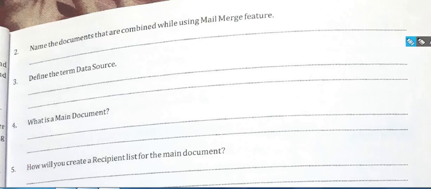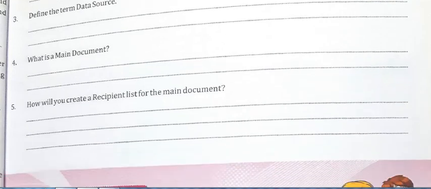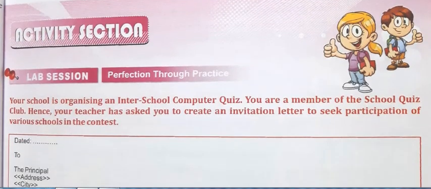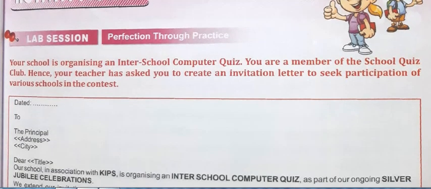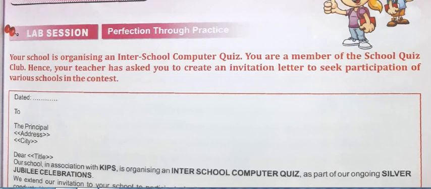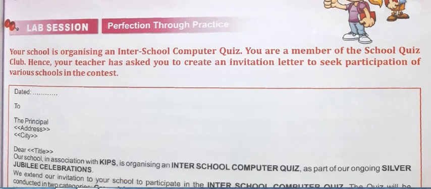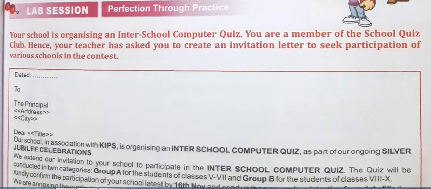So all this we have done. Now this activity section: your school is organizing an inter-school quiz competition. You are a member of a school quiz club, hence your teacher has asked you to create an invitation letter to seek participation of various schools in the contest. Yes, you can do this, or just practice this. If you have a system, just practice this, right?